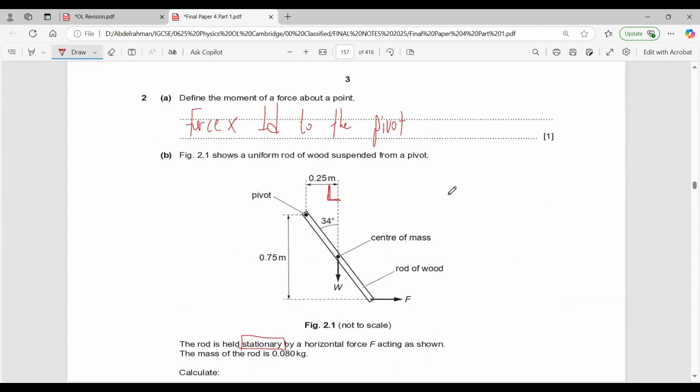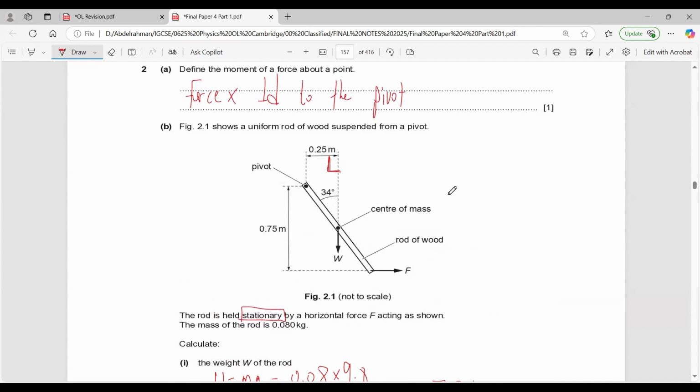This angle 34 becomes 35, 37, 40, whatever. Basically the rod is being moved upwards a bit. What happens to the force F?